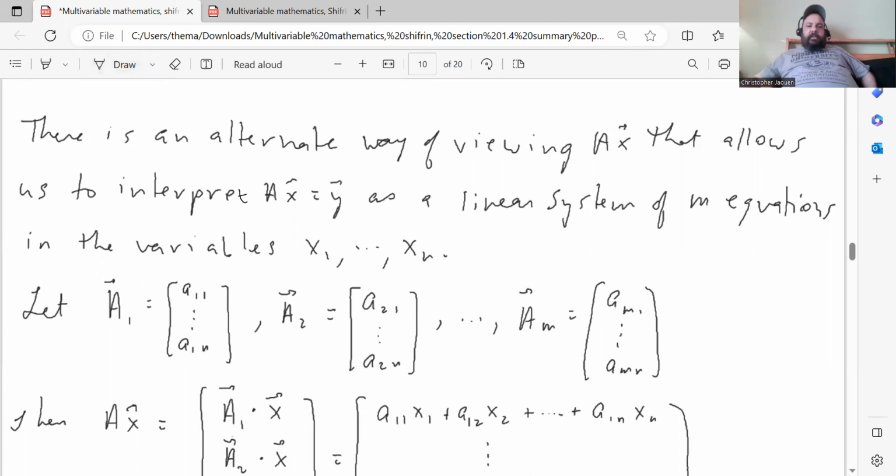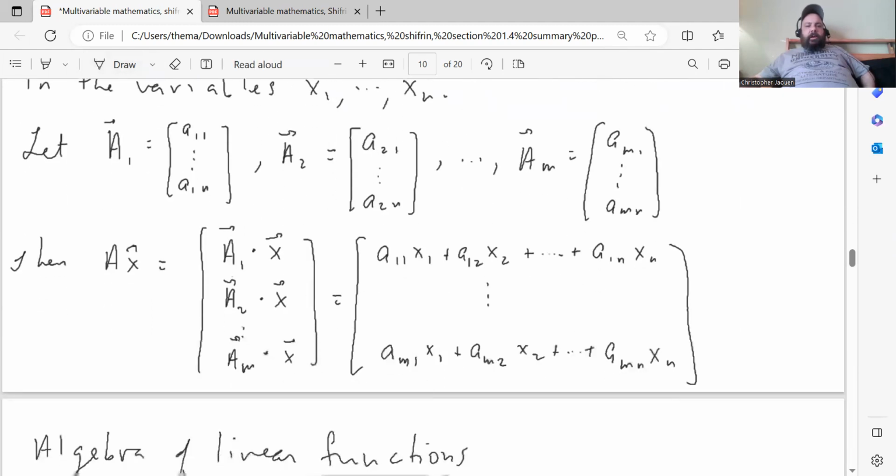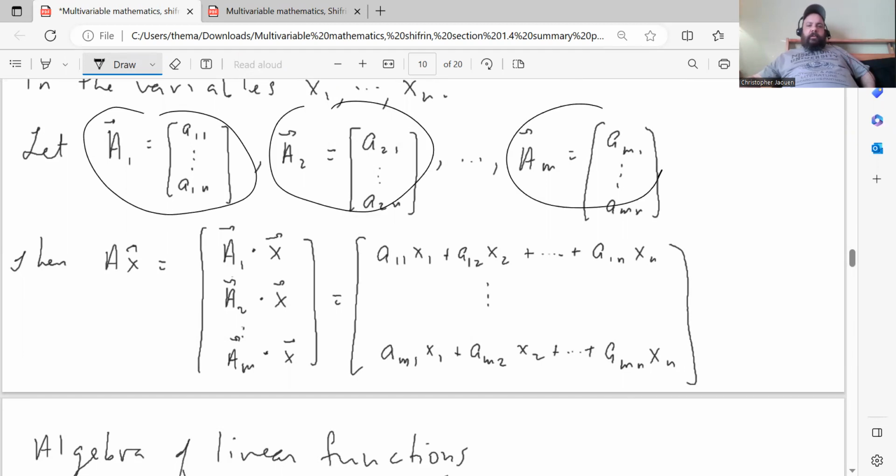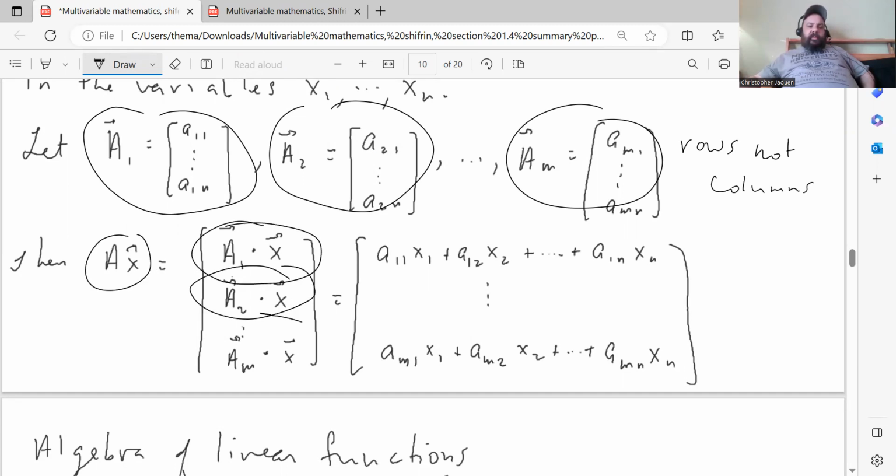You can think of it as the dot product of the vector x with the rows of the matrix A as opposed to the columns of the matrix A. So here, these are the rows of the matrix A. So not columns. Right, so you can get A times the variable x by taking the dot product of x with the rows of A, and that gives you this vector here.